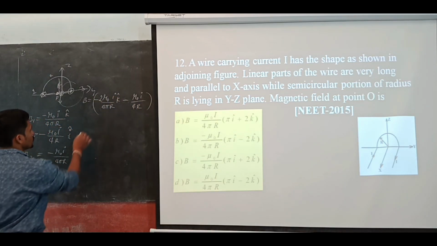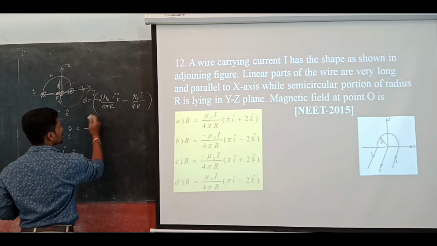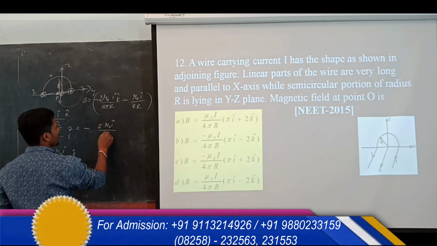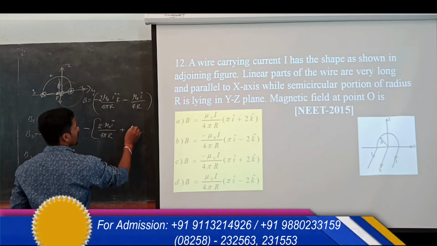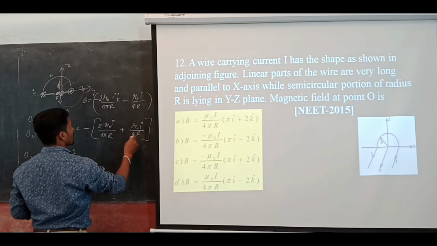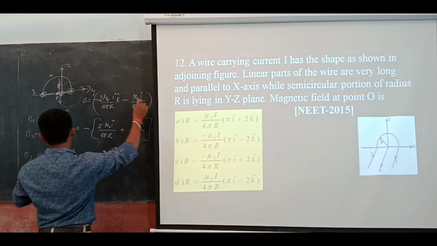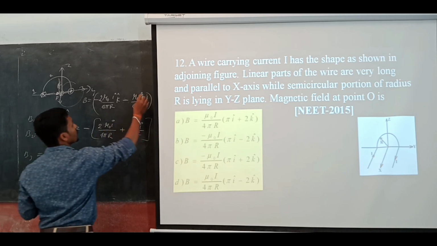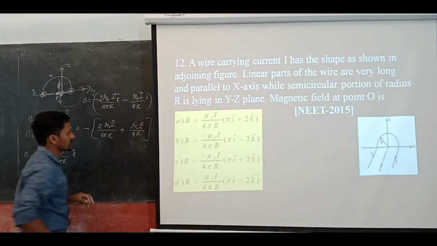So 2 into mu naught I divided by 4 pi r plus mu naught I divided by 4r, along i and along k. This we didn't write, that is i cap. Again mu naught I, don't get confused with I, this is i.